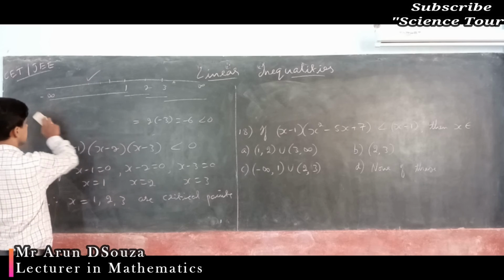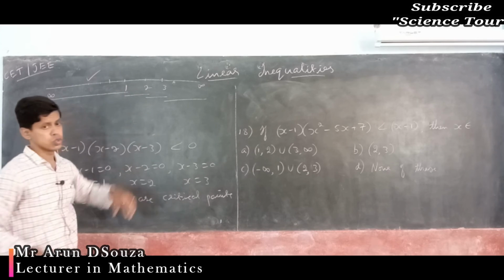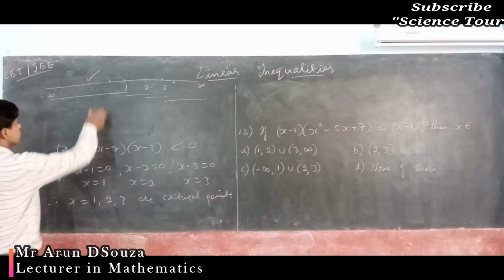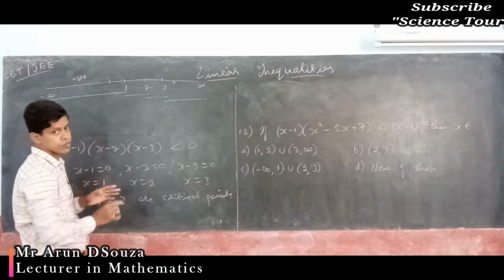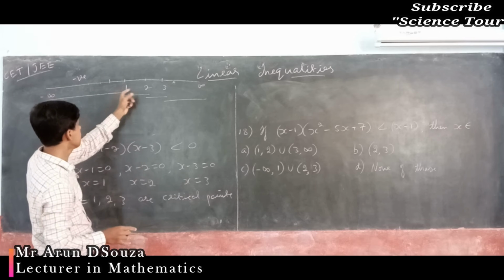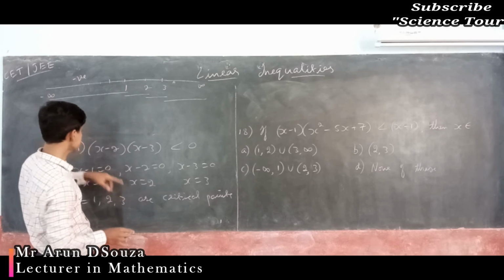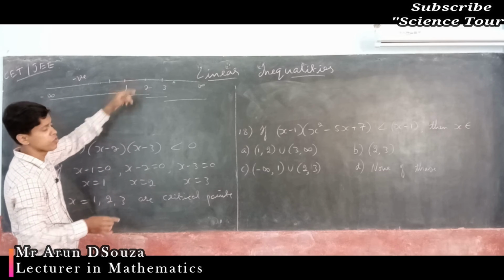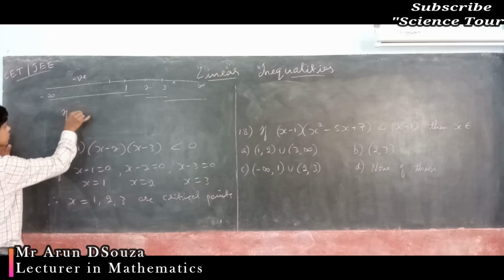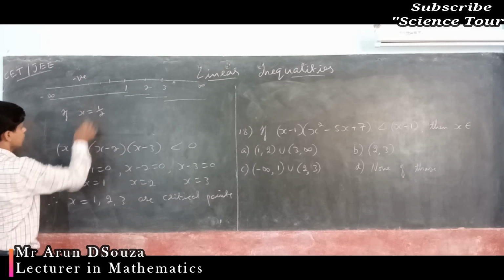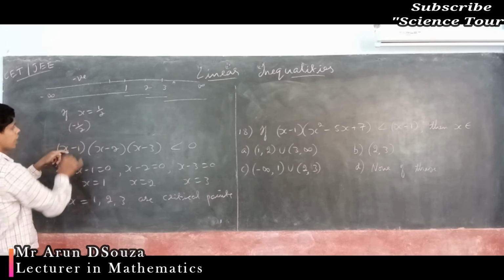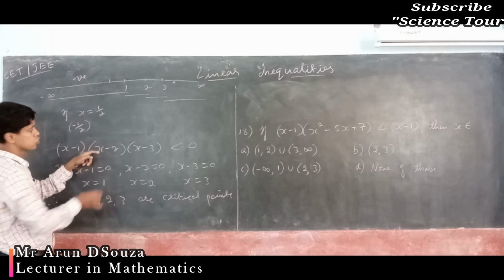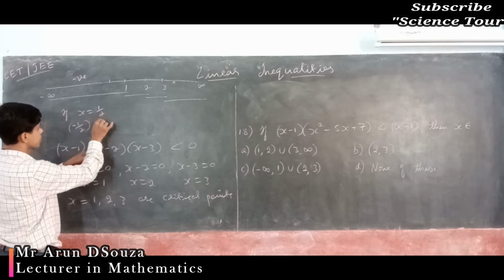And what about 1 to 2? So here it is negative, and that's what we needed. We got it, it satisfies. In 1 comma 2, you can put 1.5, that means half. So if x is equal to half, what happens here? Half minus 1 is minus half, and half minus 2 is minus 1 and a half, correct?